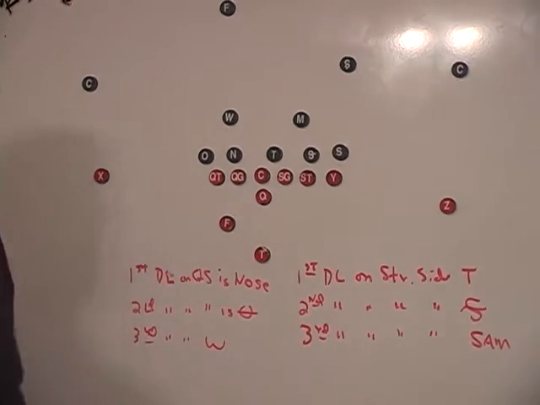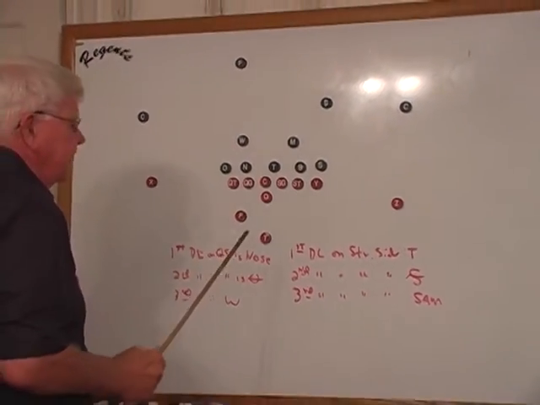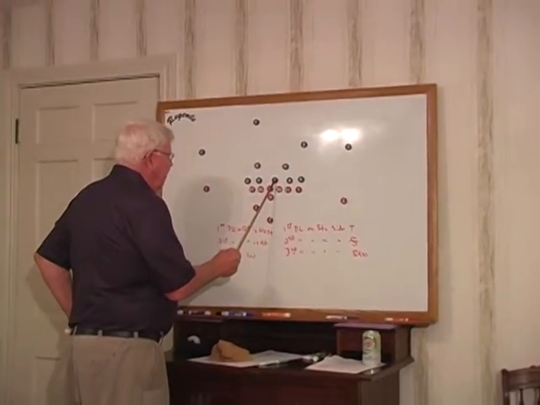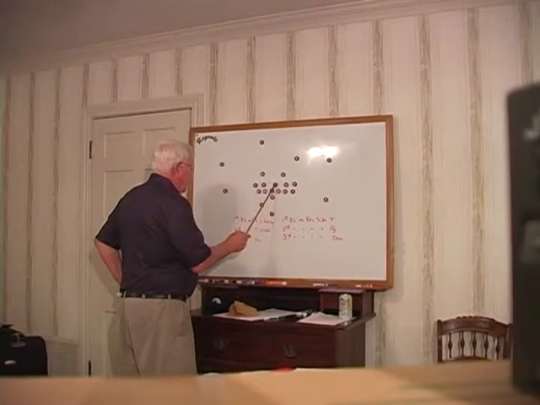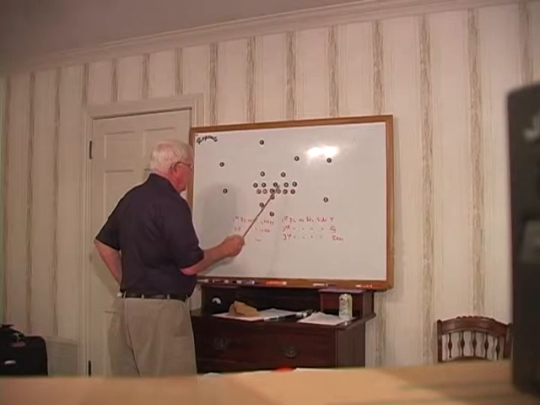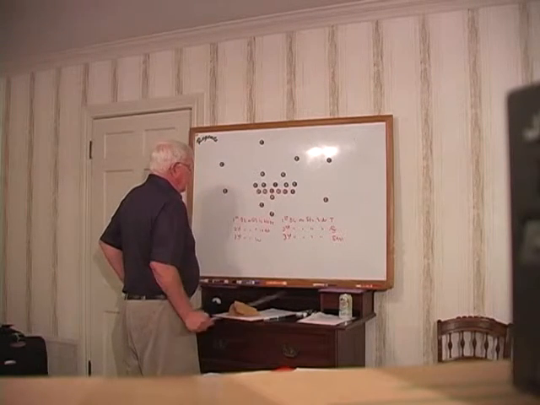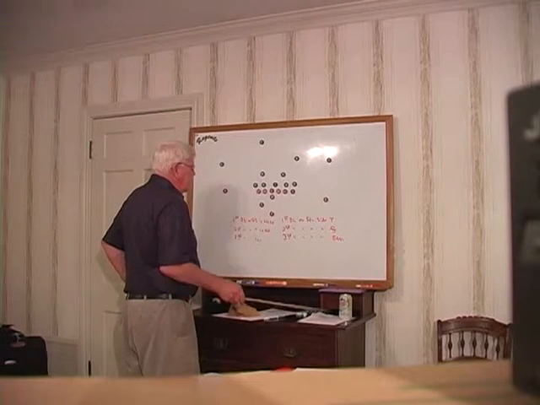So for us, it doesn't make any difference who this guy is. He may be the nose guard, but for us, he is the tackle. So when we're talking about getting a round corner on the defensive tackle, it's the first defensive lineman on that side.